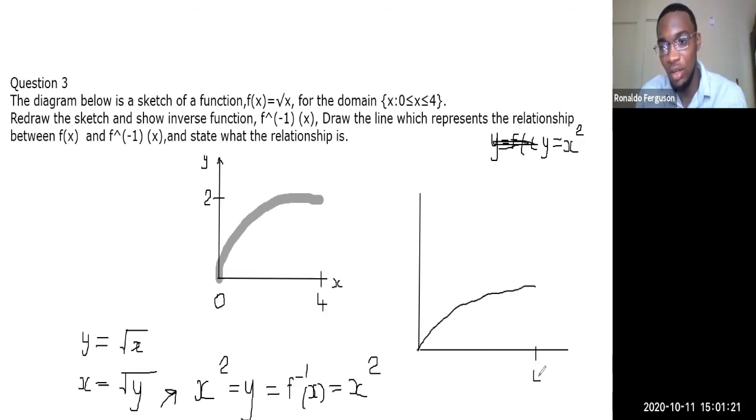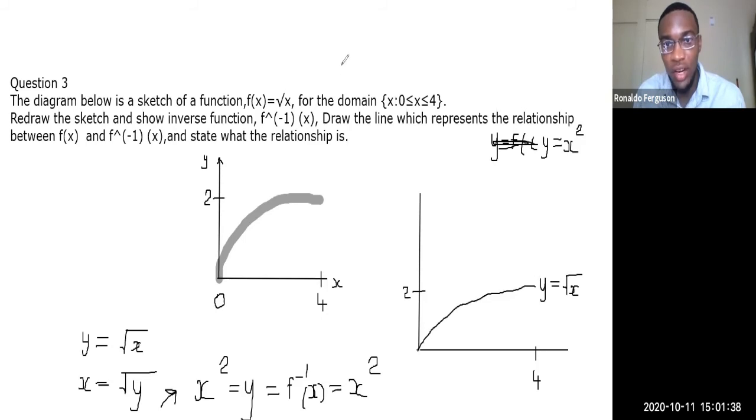This is when x is 4, the corresponding y value is 2. That's y equal root x, because the square root of 4 is 2.